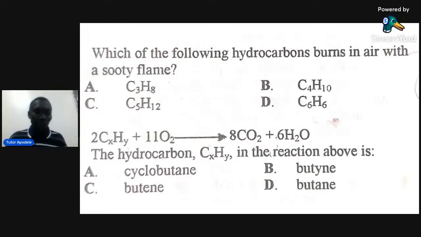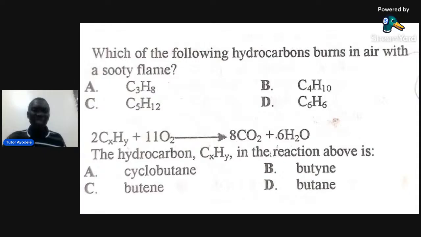Which of the following hydrocarbons burn in air with a sooty flame? Benzene. The correct answer is benzene. They don't tell you it's benzene, but you should know the formula of benzene. I've mentioned the formula of benzene several times: C6H6. Why is it that benzene burns in air with a thick sooty flame?